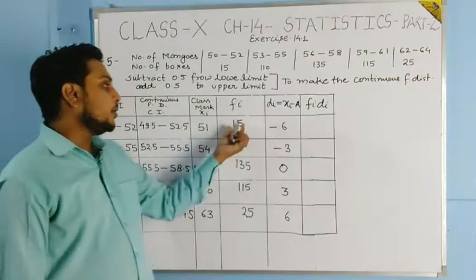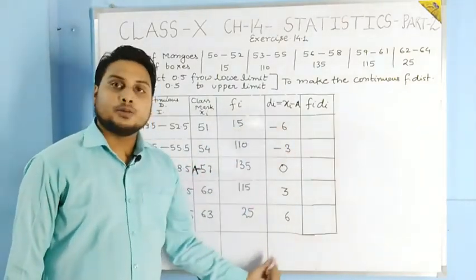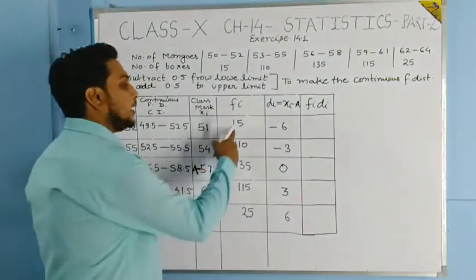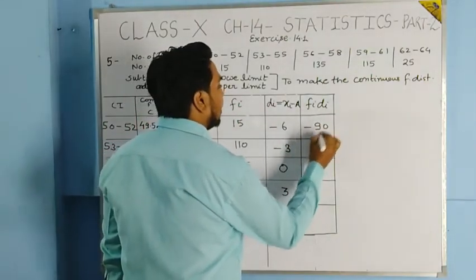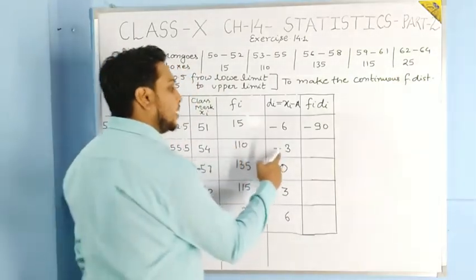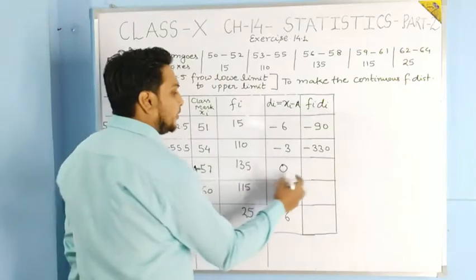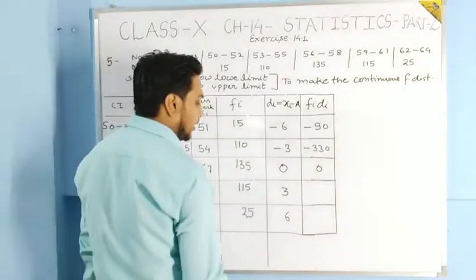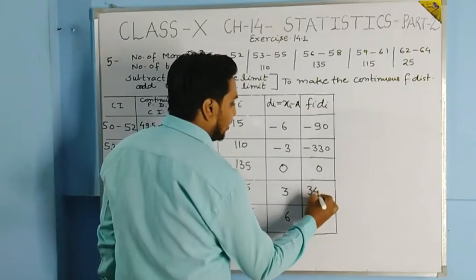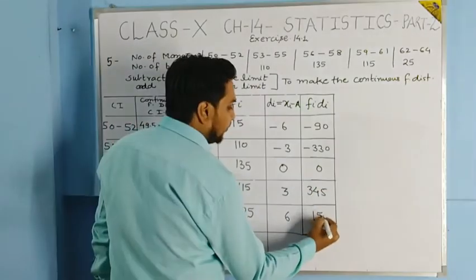We have to multiply these frequencies by di. So 15 into minus 6 is minus 90, 110 into minus 3 is minus 330, 135 into 0 is 0, 115 into 3 is 345, and 25 sixes are 150.